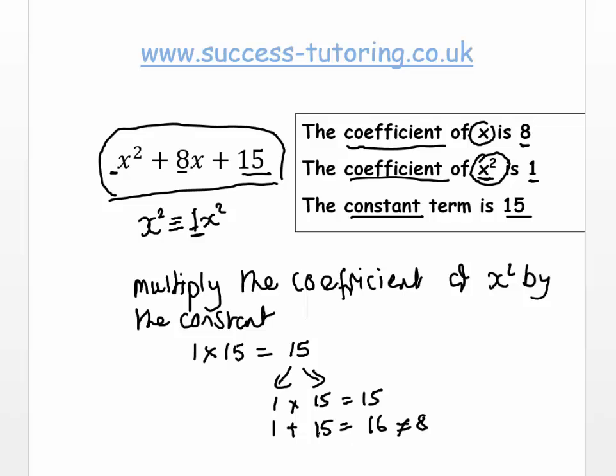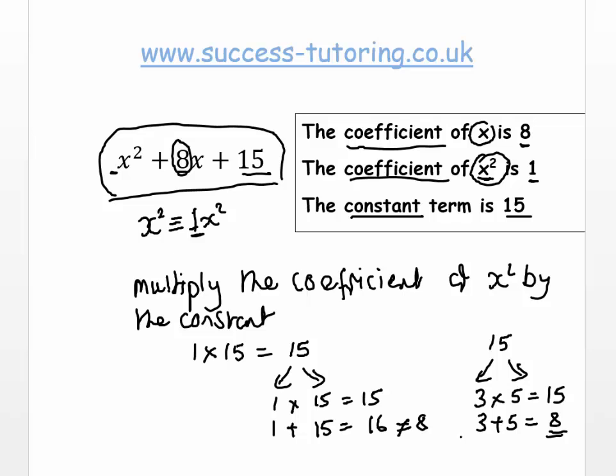Let's try that then. 3 times 5 will give me 15, but 3 plus 5 will give me 8. Now this number here, 8, is the same as the coefficient of x.